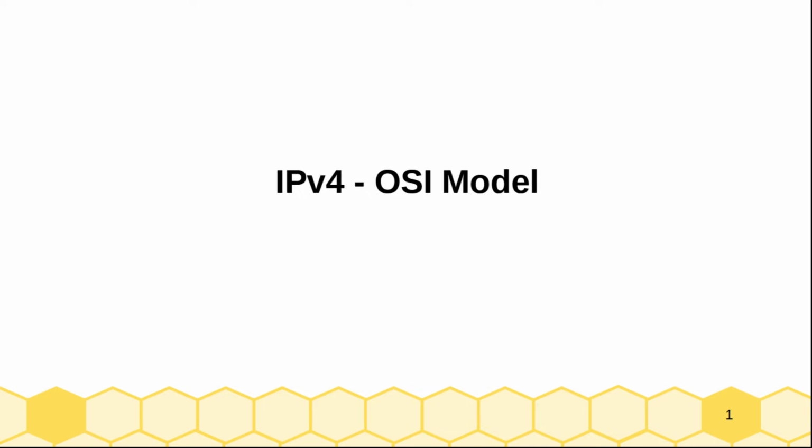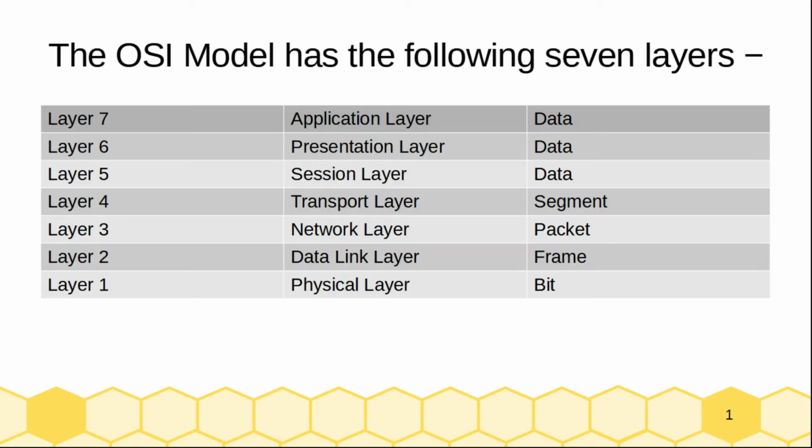For example, the physical layer defines all the components of a physical nature: wire, frequency, pulse code, voltage transmission, etc. for a communication system. The OSI model has the following 7 layers.